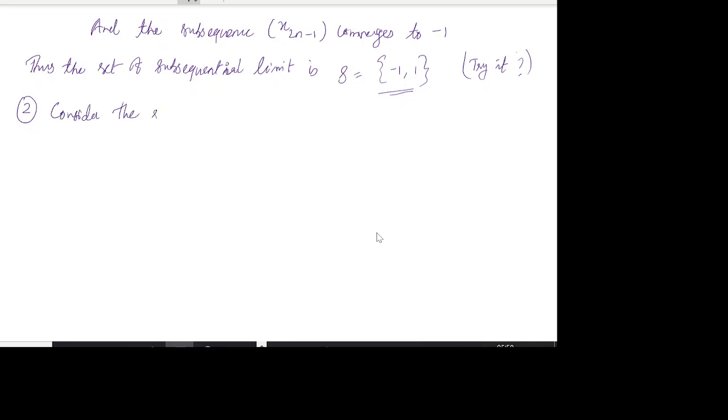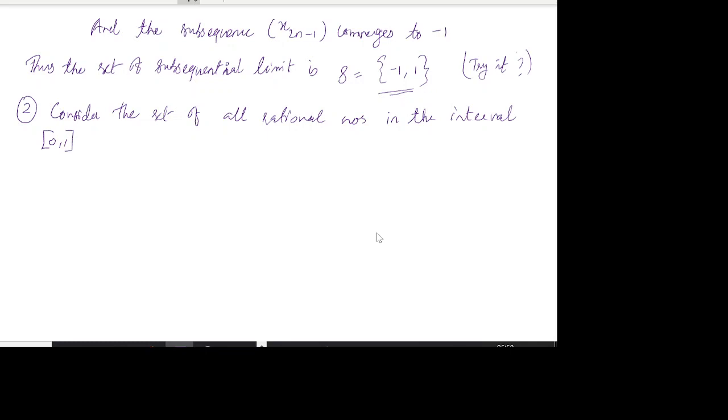Consider the set of all rational numbers in the closed interval [0, 1].